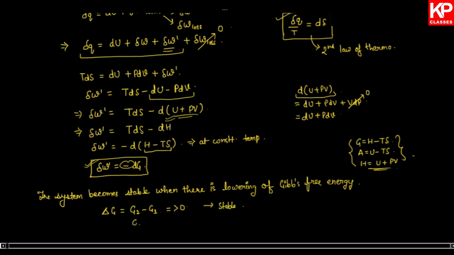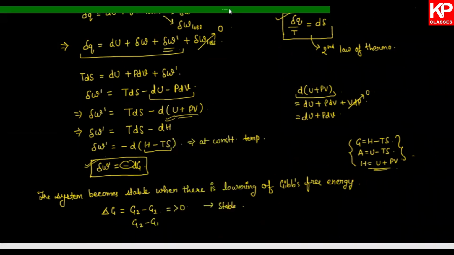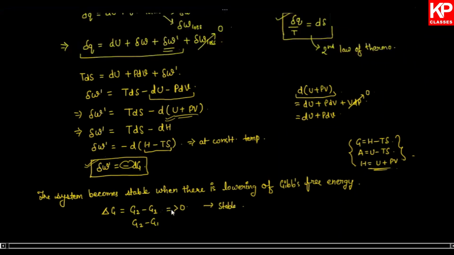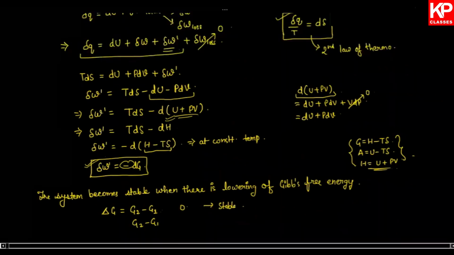Whenever this G2 minus G1 is greater than 0, sorry, I have taken the wrong expression. Just a moment. So whenever the difference in free energy is lesser than 0, then the system is said to be stable. Suppose I can give you an example.